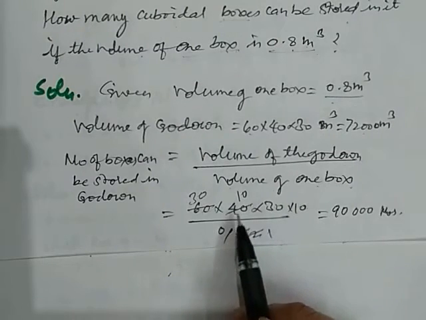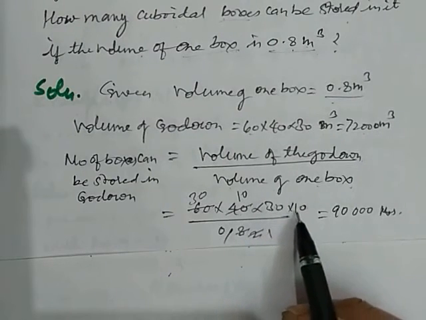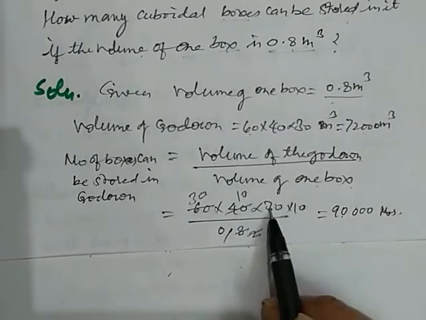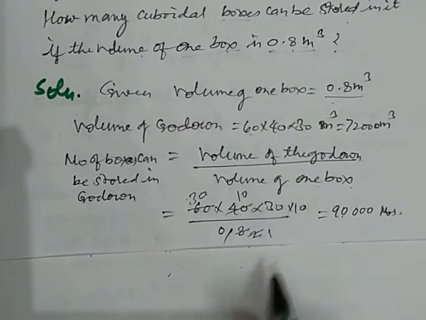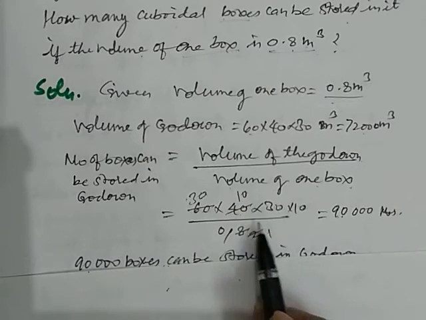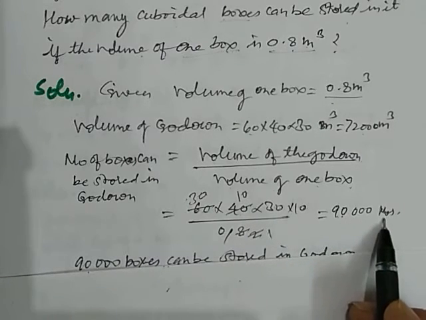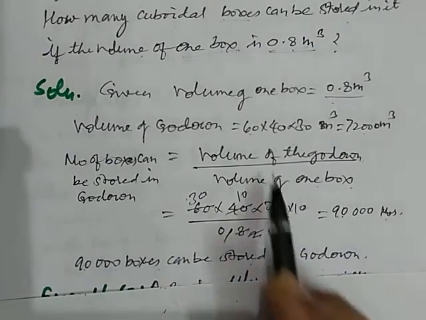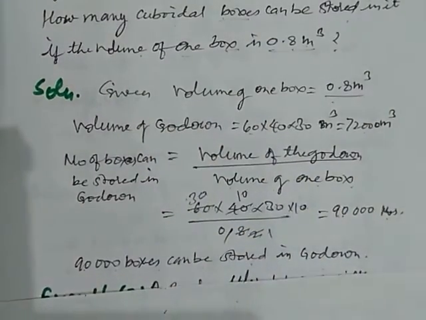Now multiply: these zeros, 0 0 0 0, are four zeros, and 3 into 3 is 9. So this way we can get this value easily. So 90,000 boxes can be stored in the godown. This is our solution of this problem.